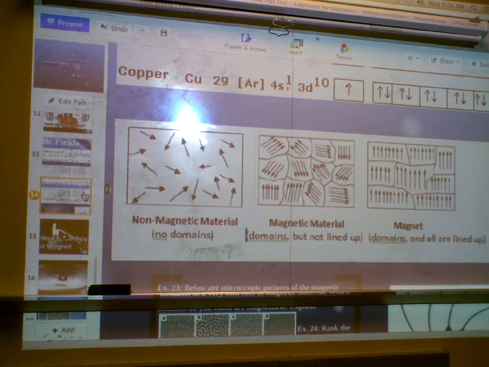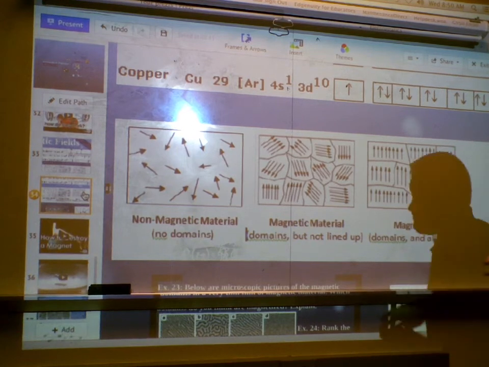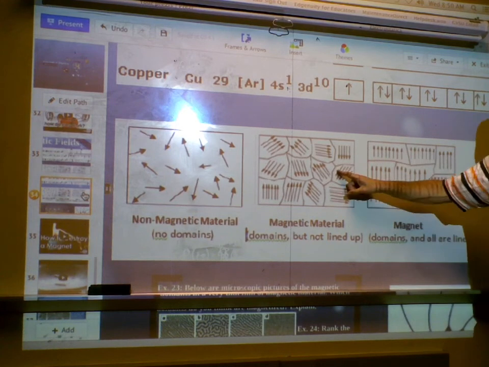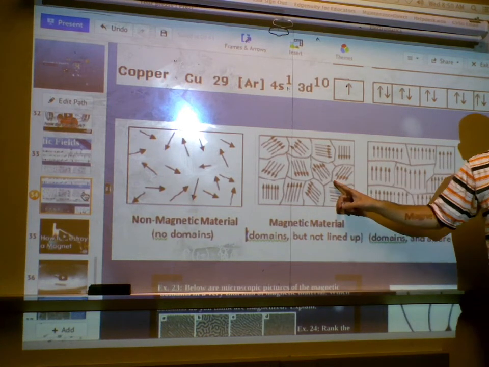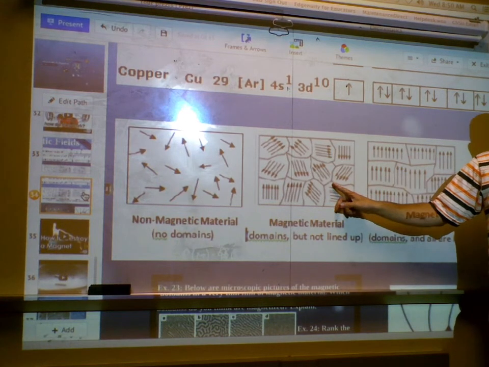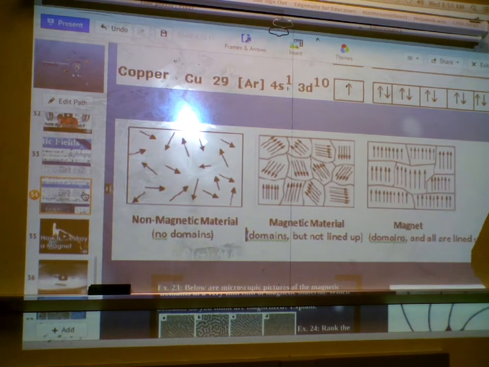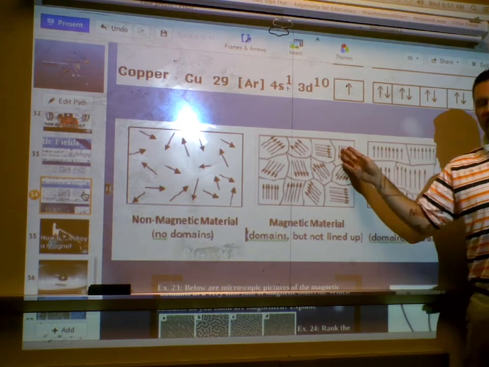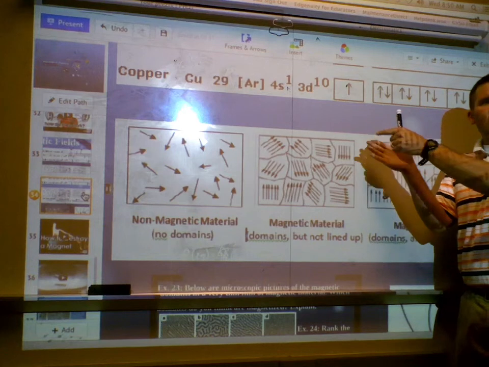If I want to make a lasting magnet, and this is how magnets are made within the Earth's core, I need to take this substance and I need to melt it. Because when it's melted, it's no longer a solid, it's now a liquid, and things flow a lot easier in liquids, don't they? So these domains, instead of just reorienting the electrons, can kind of reorient themselves.